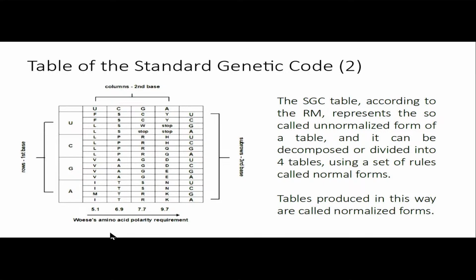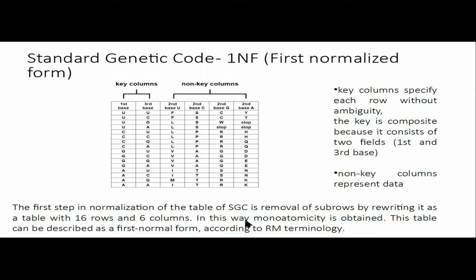We also see how Woese's amino acid polarity requirement correlates well when we do this concerning columns. Woese also noticed the column situation, and indeed, when we put it like this, it's a proper arrangement. Now we can go further.